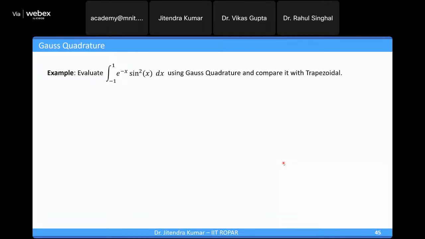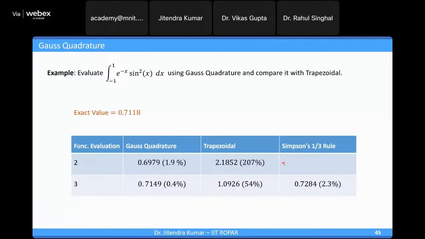As an example, if you want to evaluate this using Gauss and compare it with trapezoidal, the reason I want to compare with trapezoidal is that there also the number of evaluations is 2. The exact value is 0.7118. If you see this table, with 2 function evaluations, if I use this Gauss quadrature, my answer will be 0.6979, and the error is just 1.9%.